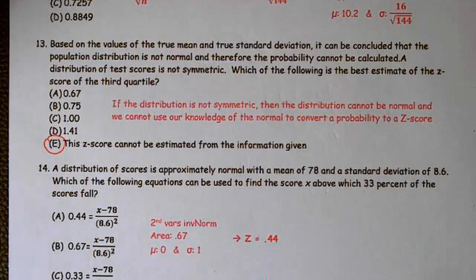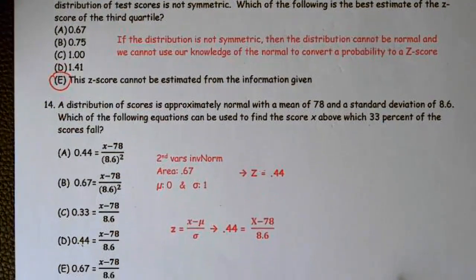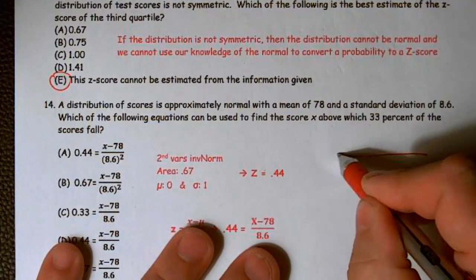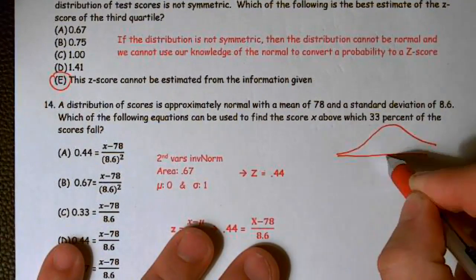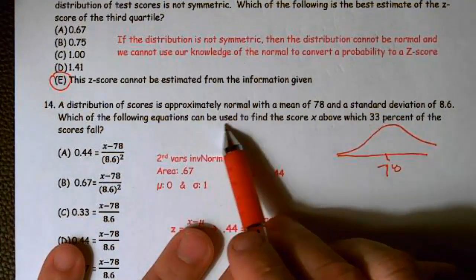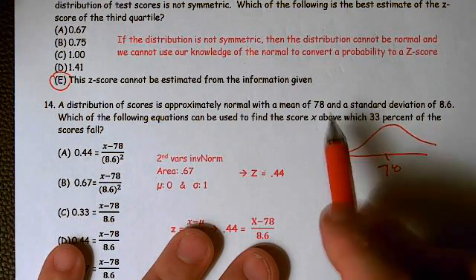All right. Number 14: a distribution of scores is approximately normal with a mean of 78. Here we go. Once again, drawing our picture. Which of the following can be used to find the score X above which 33% of the scores fall?